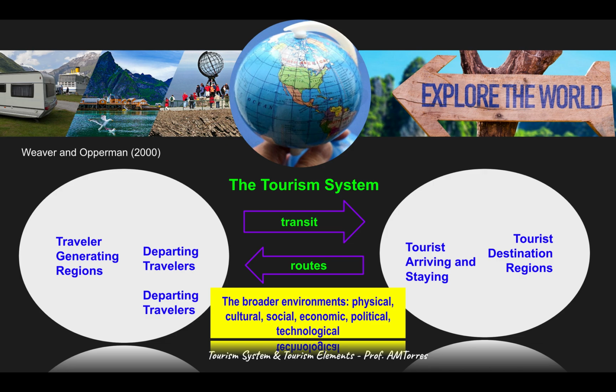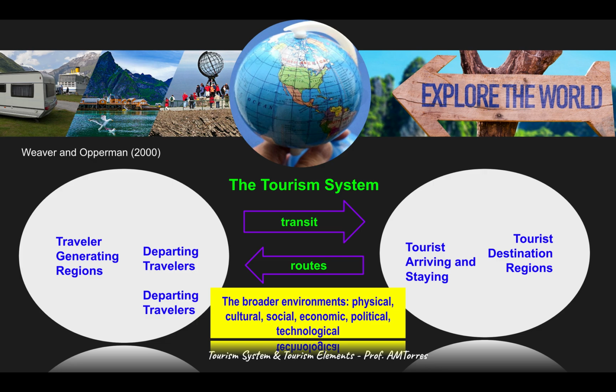And when we say environment, we are referring to the other players, the other factors that make up what we call the environment, such as, for example, the physical. What is the physical?